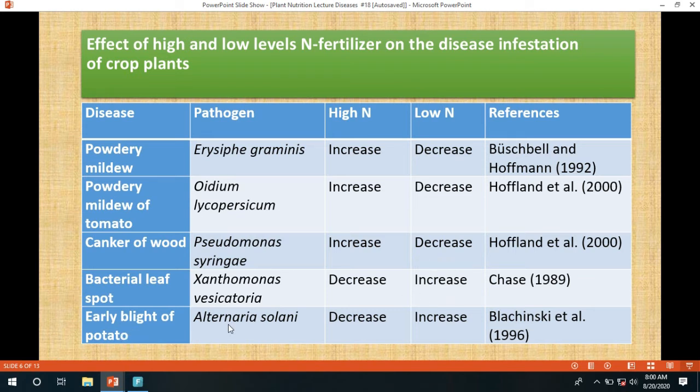The early blight of tomato, Alternaria solani, decreases with an increase of nitrogen and increases with a decrease of nitrogen.